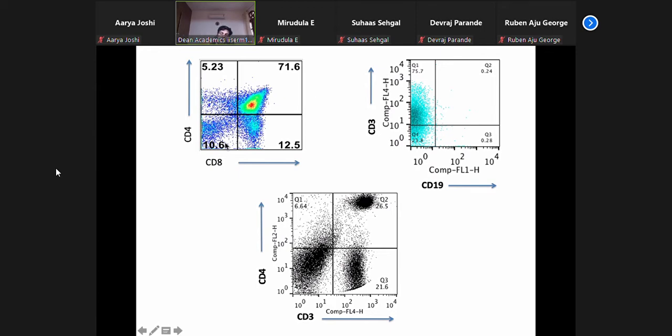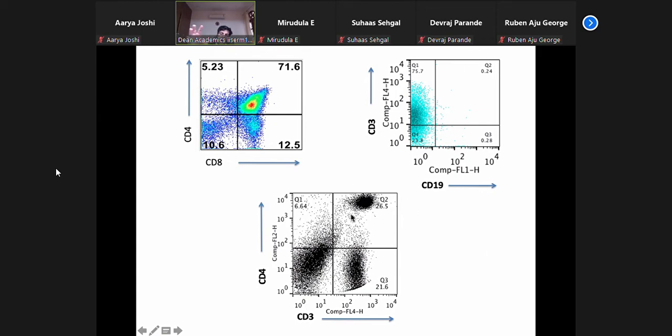Based on these different cell types that you recover from a particular lymphoid organ, you can try to say whether this is thymus, bone marrow, lymph node, and so on and so forth.